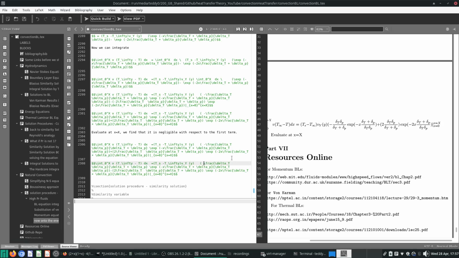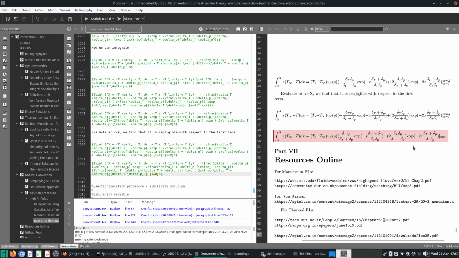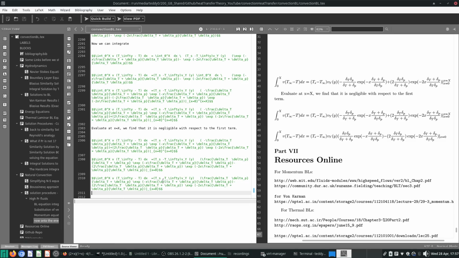I'm going to have a plus in front. And I'm just going to evaluate only at x equals to 0. Okay, so that's what I'm going to do. I'm just going to evaluate this at x equals to 0 because the other term is just negligible. Okay, so now x equals to 0 will just reduce these two terms to 1.